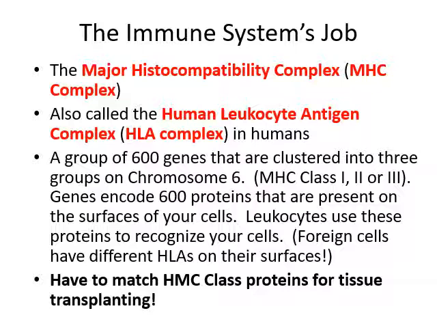And so somebody who has an organ implanted from somebody else, even a close match, has to have their immune system suppressed by drugs, because otherwise their body would reject the transplanted organ.